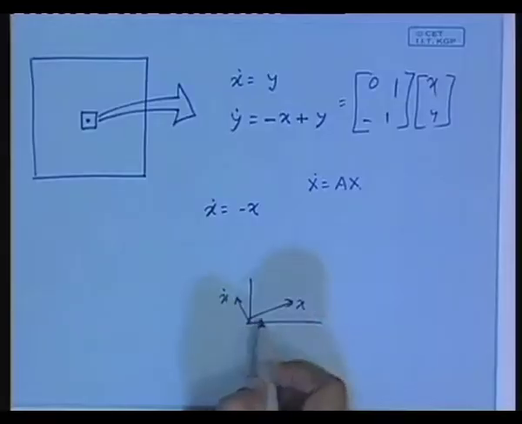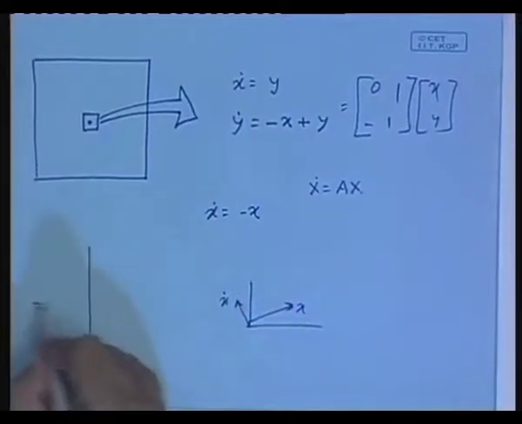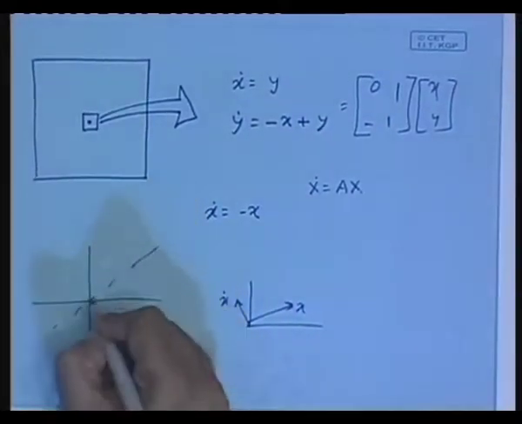These are called the eigen directions. Okay, and any vector along the eigen direction is an eigenvector, and therefore, in the eigen direction, suppose this is an eigen direction, and you take the x vector along that, and you get the x dot vector like this.